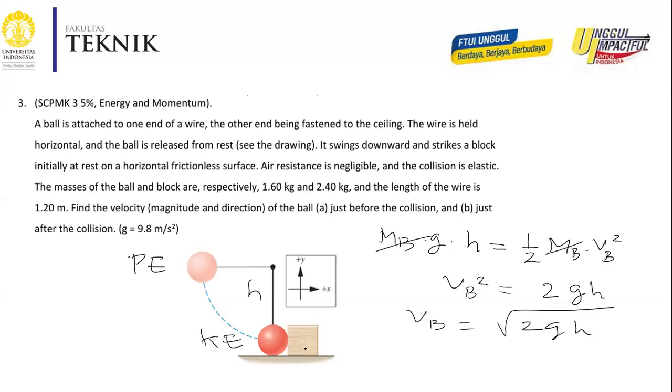The first velocity is to the right side. After the collision, we can find the velocity of the ball B.